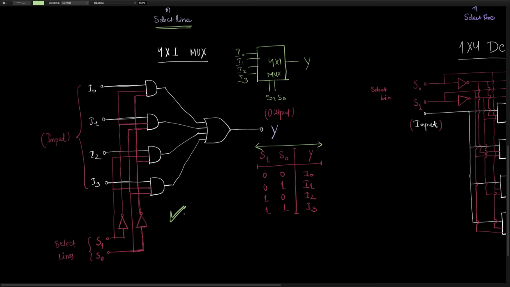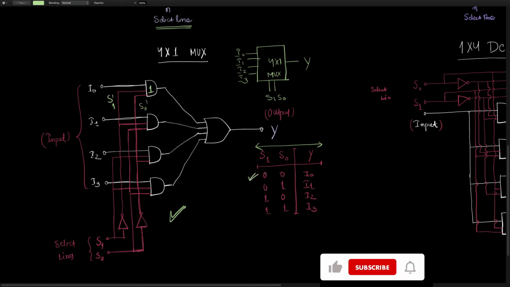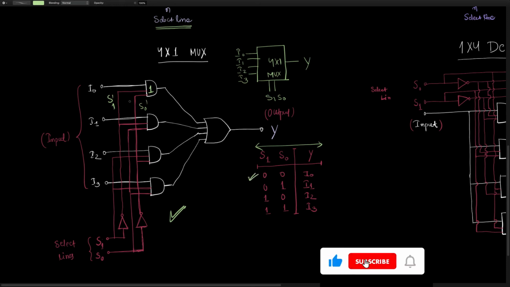As you know, the AND gate, if you see the operation of this first gate, the input to that is S1 complement, and the second one would be S0 complement. Okay, so when the first iteration comes, both are 0, so this is going to be 1, this is going to be 1.